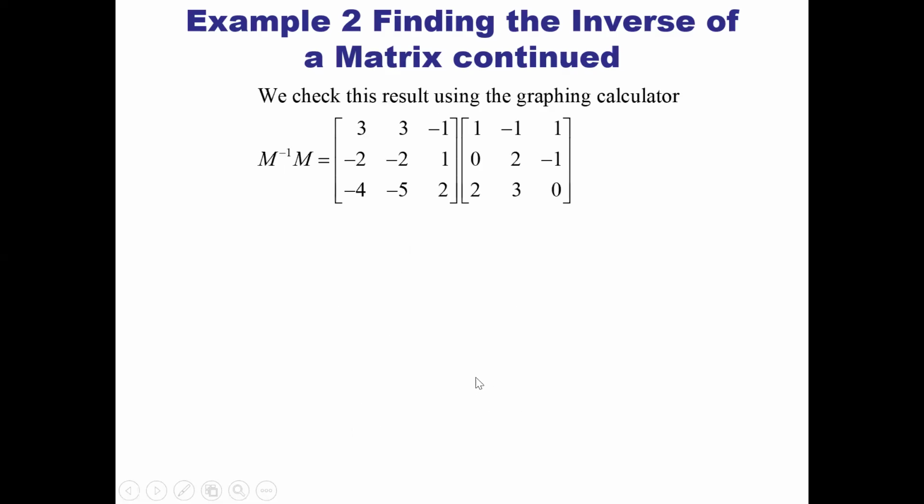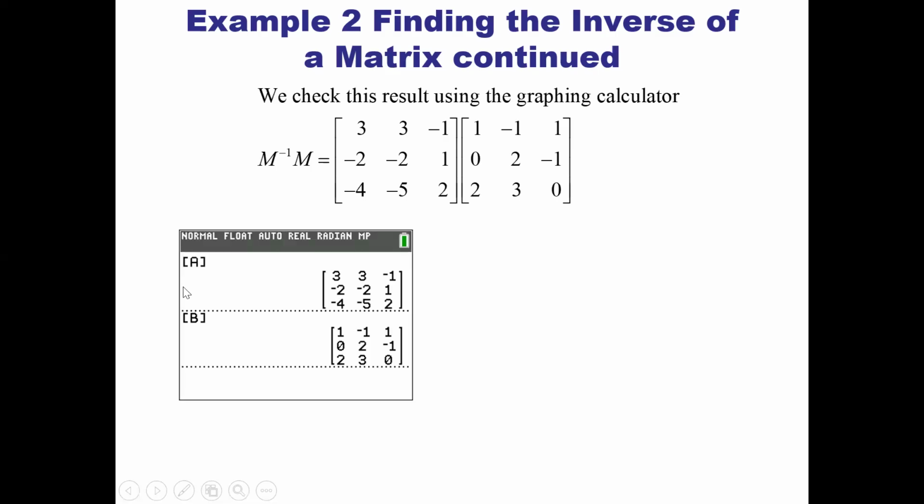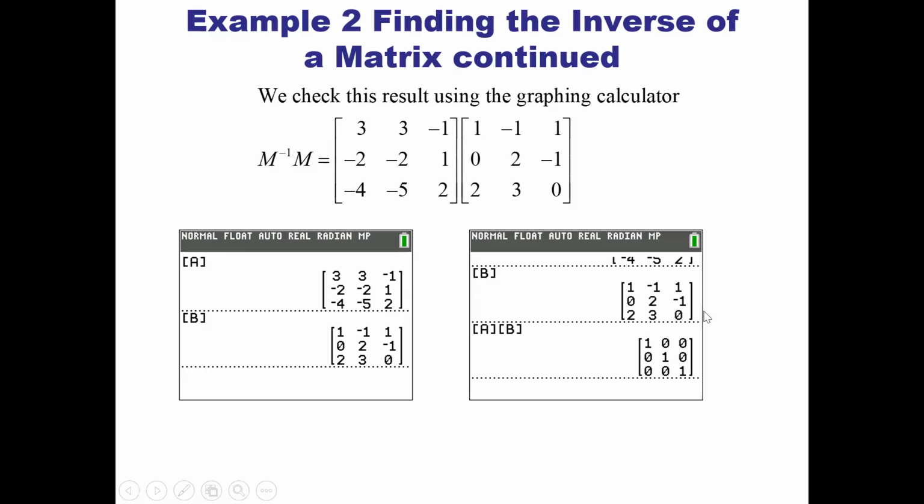Okay. Now, one thing to note is if we take M inverse times M and multiply those two together, 3 times 1 is 3, that's 0, and that's -2. That gives us a 1 up in the top left. Then we have 3 times that, which is going to be -3 plus 6 minus 3, and so that's going to give us a 0. We keep going. If we multiply those together, and they're going to cheat here, they're going to show you how to do it on the calculator, we end up with the identity matrix.